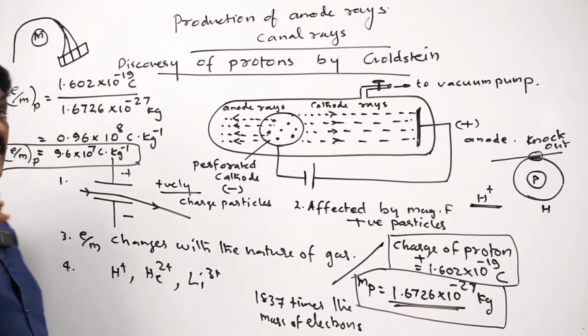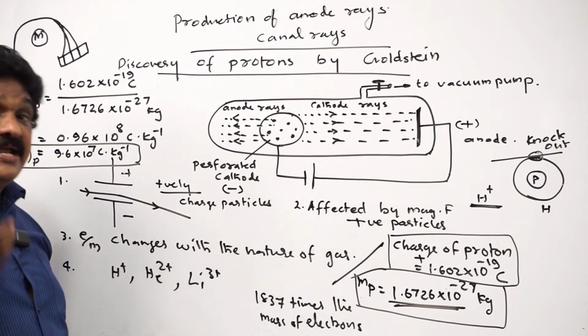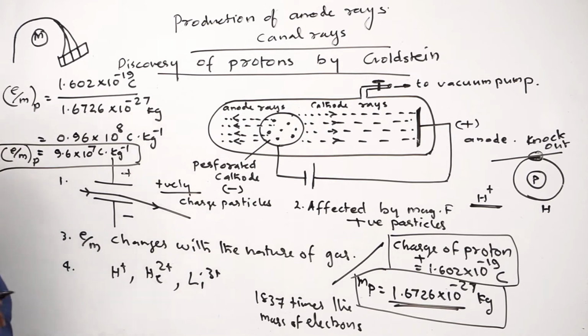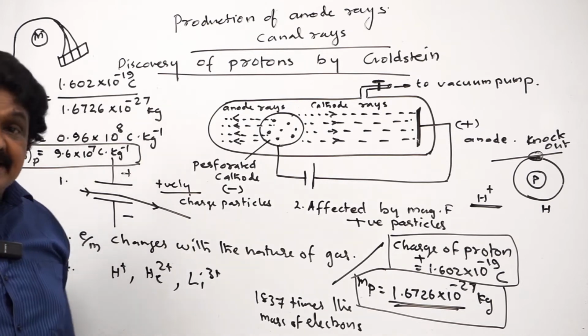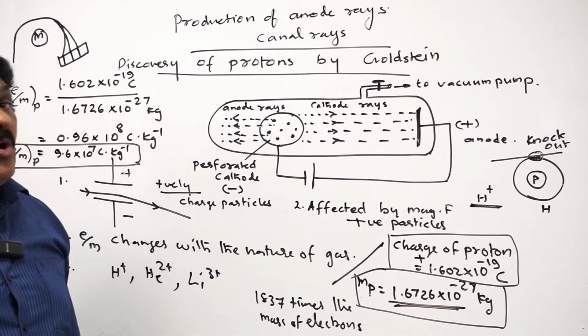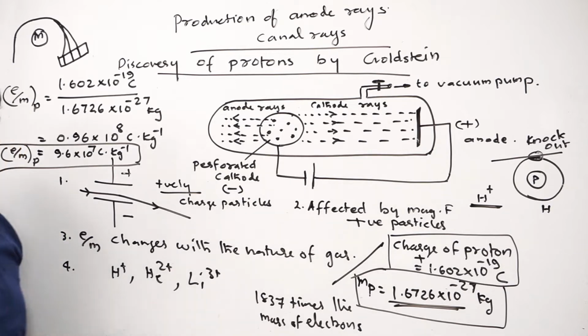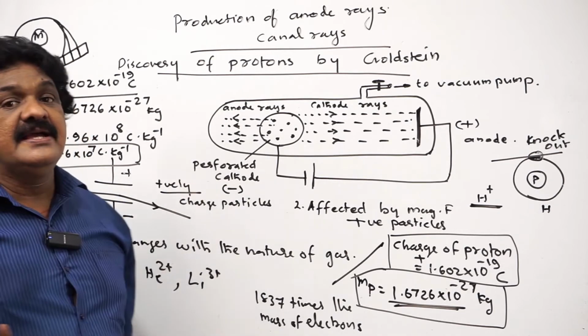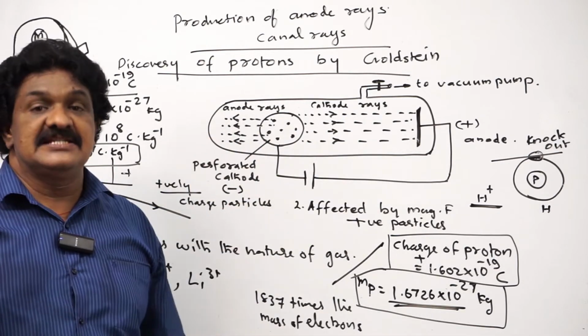By counting the number of lines and studying their intensities, it is possible to identify the number and estimate the relative abundance of isotopes of hydrogen. Similarly, we can analyze other elements using their gaseous samples in the discharge tube.